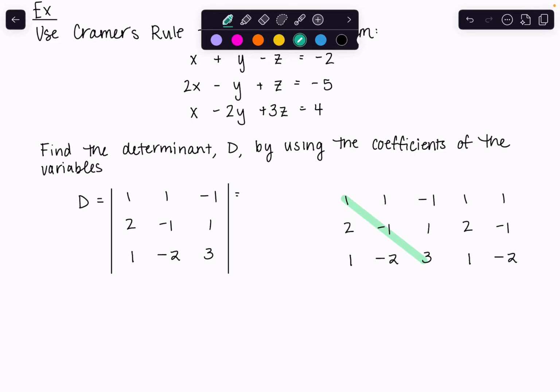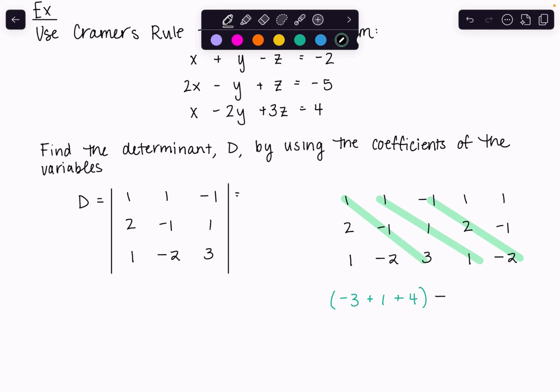So I'm going to start by multiplying these, and I like to put them in parentheses. So 1 times negative 1 times 3 is negative 3. Multiplying those three together gives me positive 1. And then multiplying those gives me positive 4.